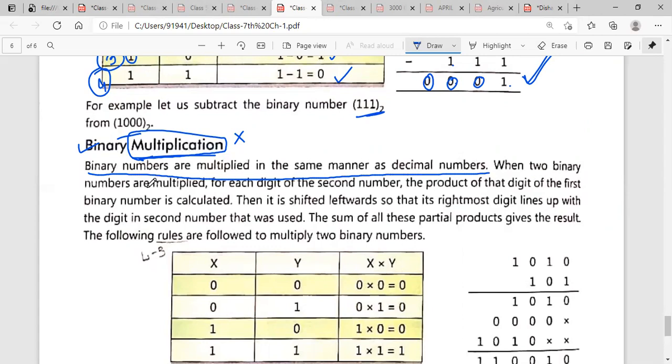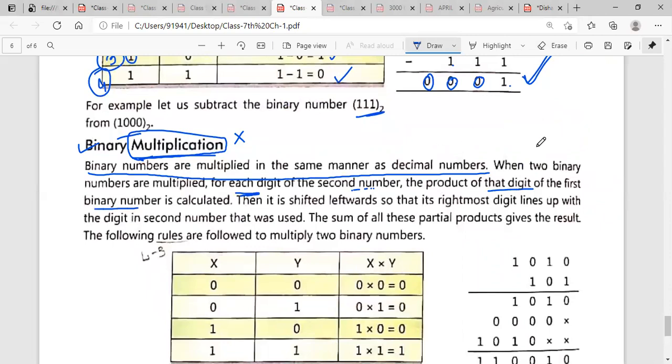When two binary numbers are multiplied, for each digit of the second number, the product of that digit with the first binary number is calculated.